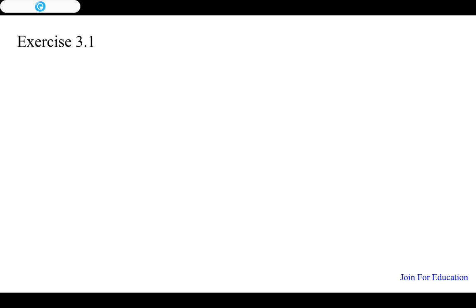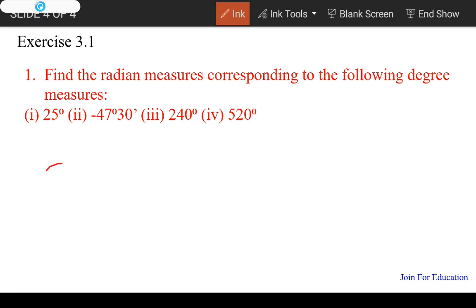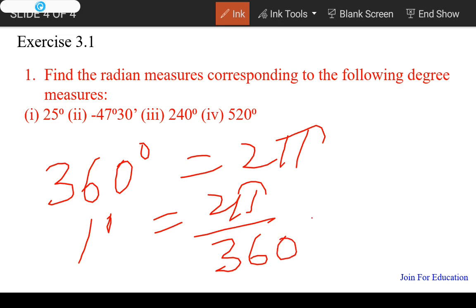Let us solve question number 1 of exercise 3.1. Question number 1 says: find the radian measure corresponding to the following degree measures. First of all, we recall the relation between degree measure and radian measure. We know that 360 degree equals 2 pi radian. By the unitary method, 1 degree will be 2 pi by 360 radian.